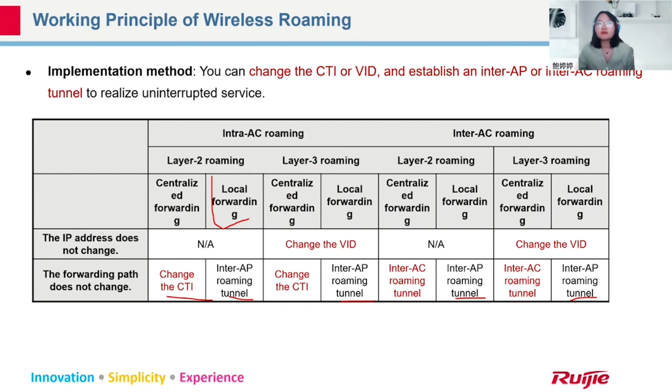Layer 2 roaming is very easy because we have the same VLAN and the same IP segment. For layer 3, we will directly change the VLAN ID. So this is a summary of the VLAN ID, CTI, and MTI values. MTI means we will establish the inter-AC roaming tunnel with each other.